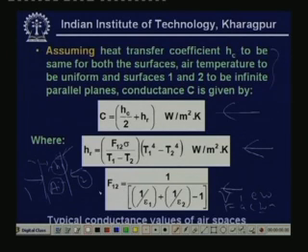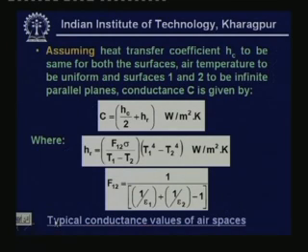The view factor is a function of the emissivity of surface 1, epsilon 1, and the emissivity of surface 2, epsilon 2. If you know the emissivities, you can calculate the view factor, and if you know the surface temperatures T1 and T2, you can calculate the radiative heat transfer coefficient. If you can also calculate the convective heat transfer coefficient, you can find the conductance of the air space.